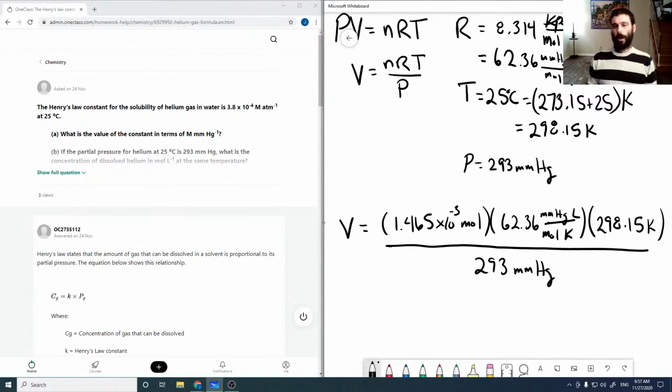We can quickly check our units, and everything cancels, giving us liters, which is a volume, so that's good.